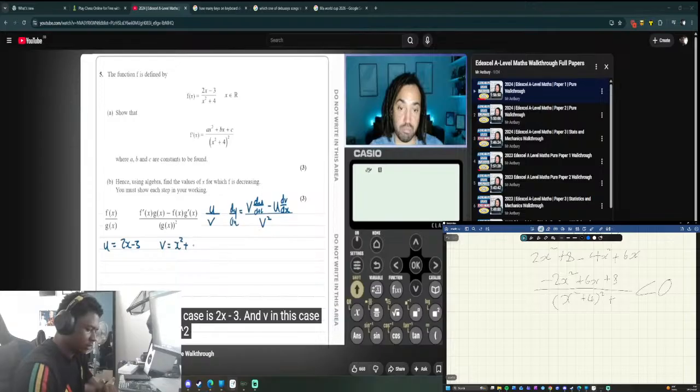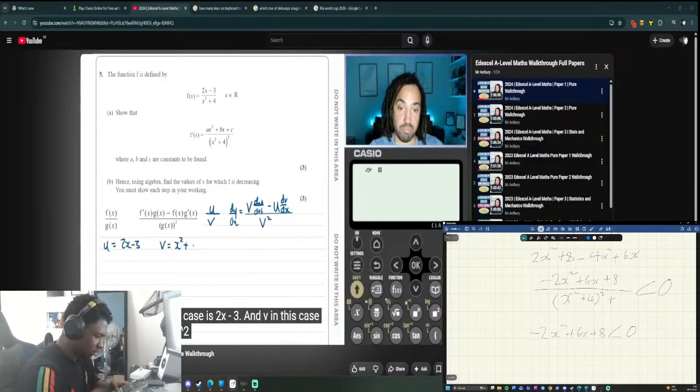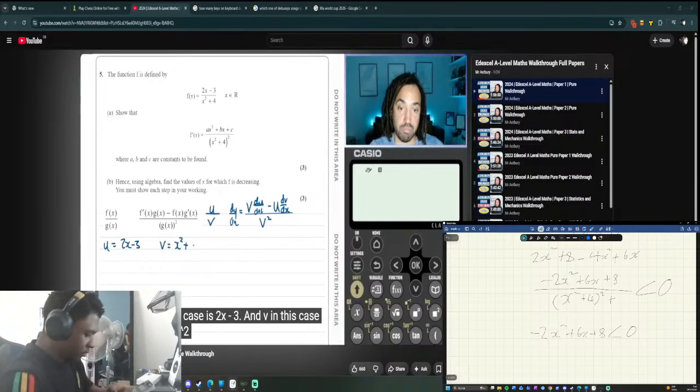So for this to be negative, the numerator, minus 2x squared plus 6x plus 8, has to be less than 0. I use my calculator: minus 2, 6, 8.